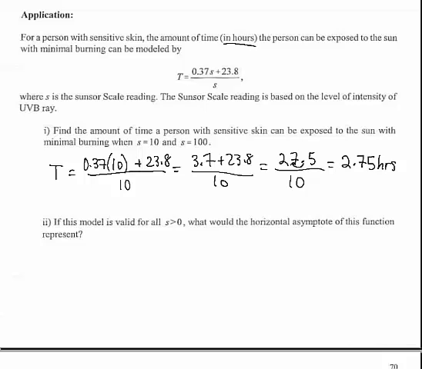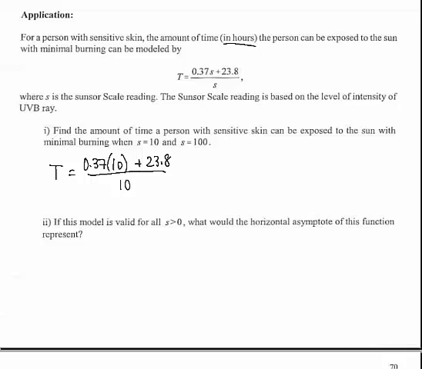What about S equal 100? 100 times 0.37 is 37. Alright, since we have 100 for S on top, we put the 100 on the bottom. 37 plus 23.8 is 60.8 over 100.